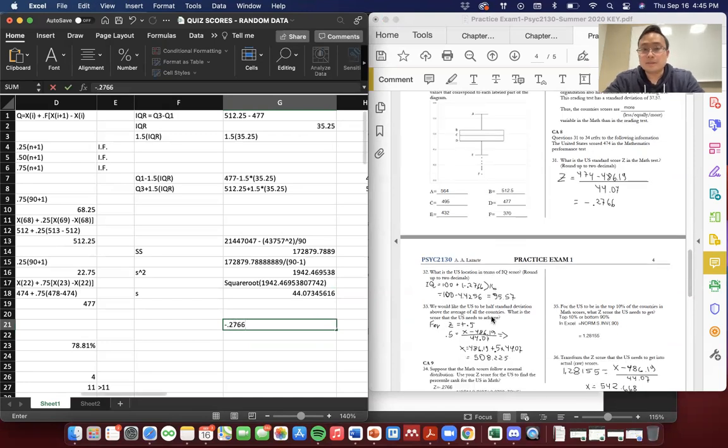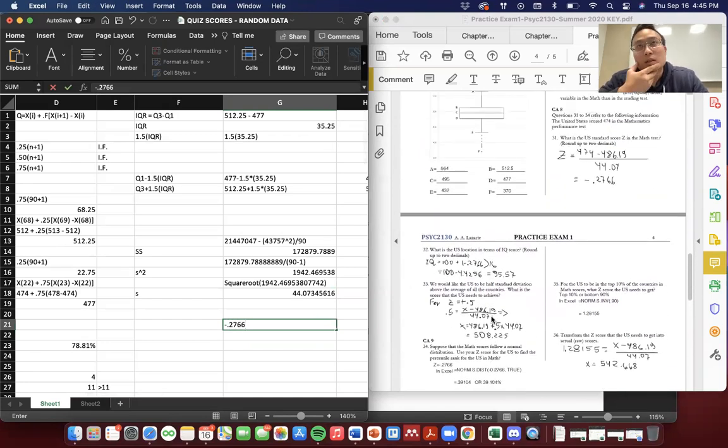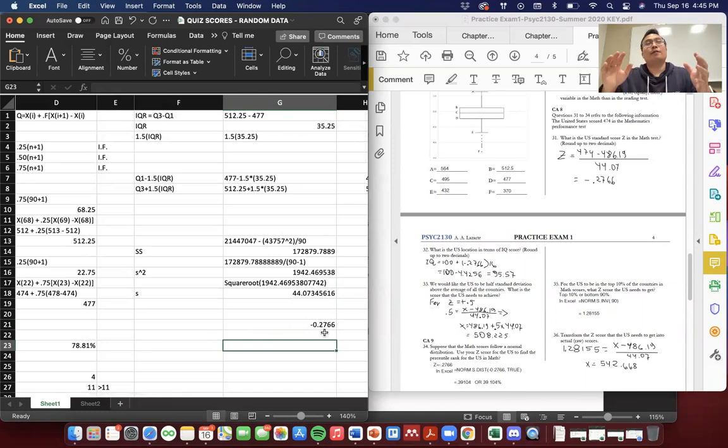-0.2766. I want to stress that when you see a z-score of -0.2766, you should start to intuitively get a feel for what that means in terms of how the data looks, right?